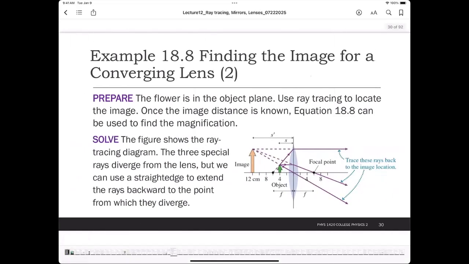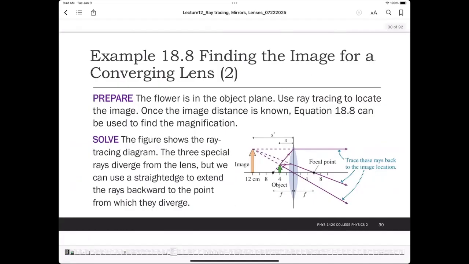The flower is in the object plane. Use ray tracing to locate the image. Once the image distance is known, the magnification equation can be used to find the magnification. This figure shows a ray tracing diagram.